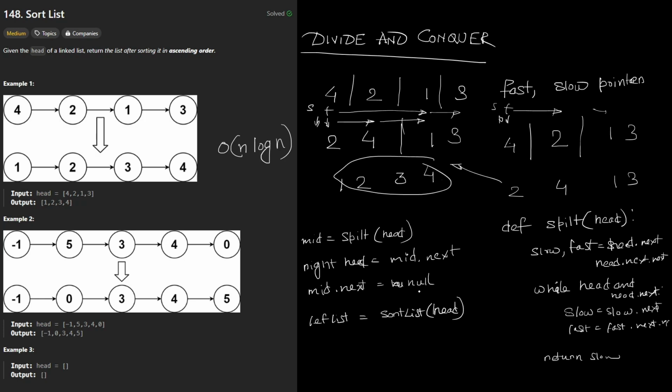Let's say the values are 4 2 1 3. So once I call head, it will go from 4 to 2, and right list would be short list, and it is going to call right head. So that is the basic idea or fundamentals out here.